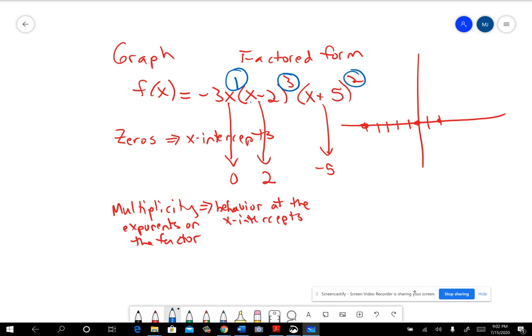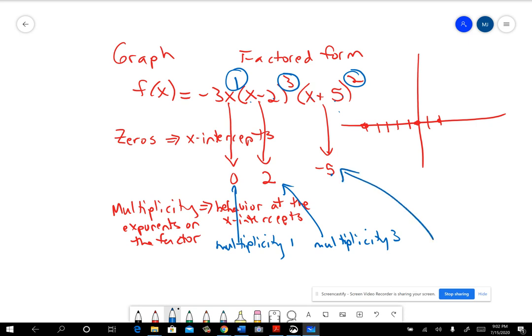Then you would say that 0 is a zero of multiplicity 1, or you don't even say it has one. 2 has multiplicity 3, and negative 5 corresponds to x plus 5, so negative 5 is a zero of multiplicity 2. So what you should think at that point is that this one's going to behave like a line.